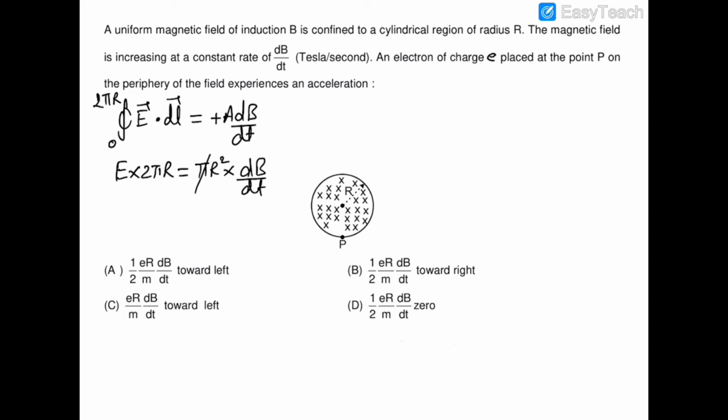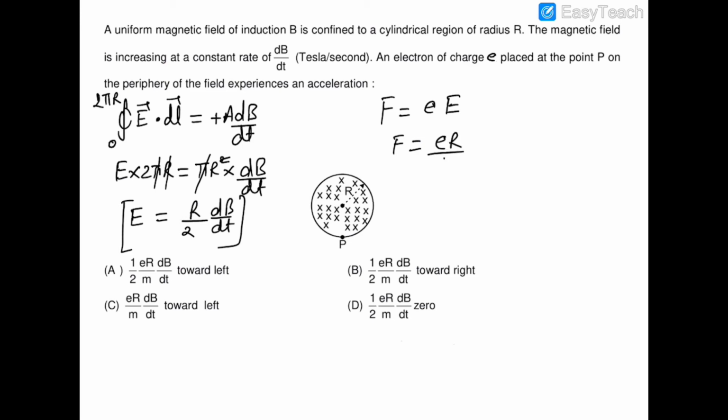Cancelling out this pi, and R with R, so E is equal to R into dB by dt upon 2. This is the electric field. Now this dB by dt is a constant term, and the force acting on this electron F will be QE. Now the charge of this electron is e, so Q is written as e. So this is e R upon 2 into dB by dt.